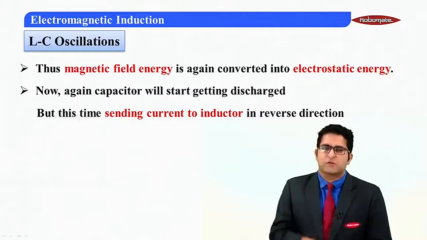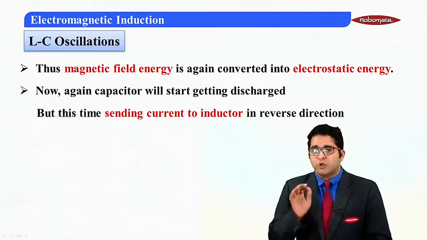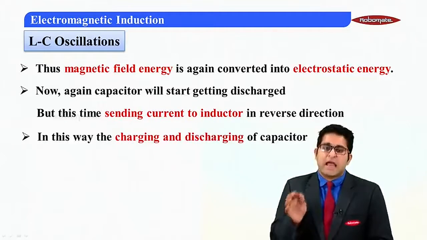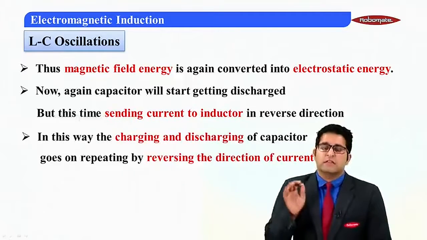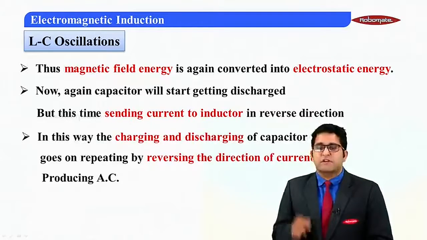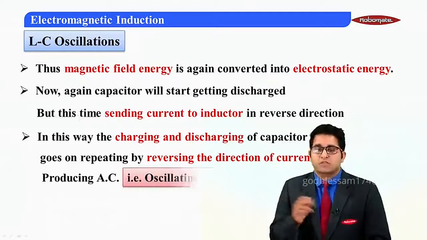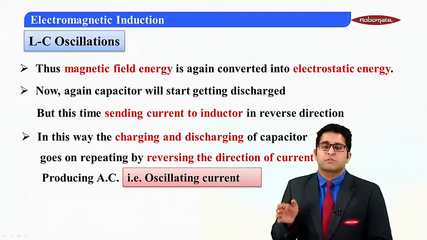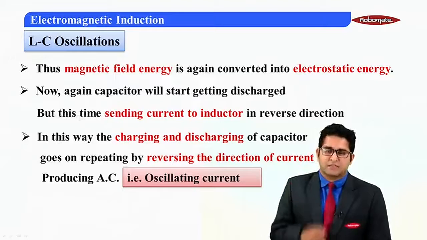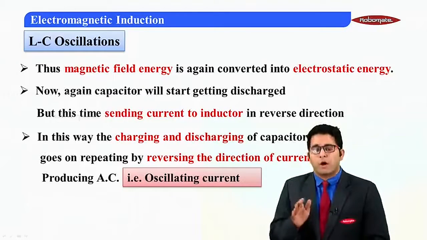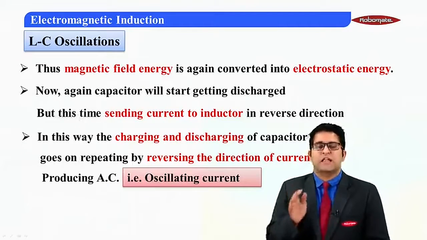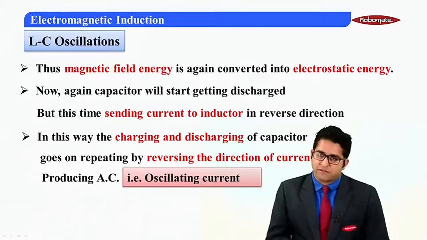So this current which is getting generated due to the charging and discharging of the capacitor is basically referred to as AC current, or it is also referred to as oscillating current because the polarity of current is changing. And why is it changing? Because of the charging and discharging of the capacitor.